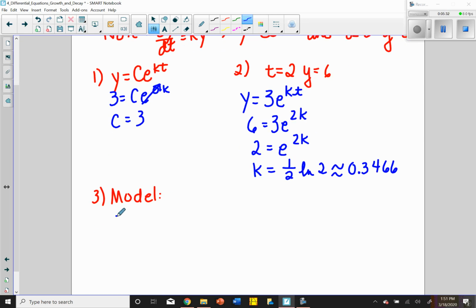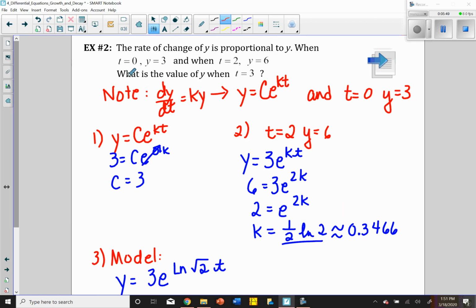So we know that y is 3e to the natural log, I'm just going to convert this as the square root of 2, times t. And then solving for our question, what's the value of y when t is 3?